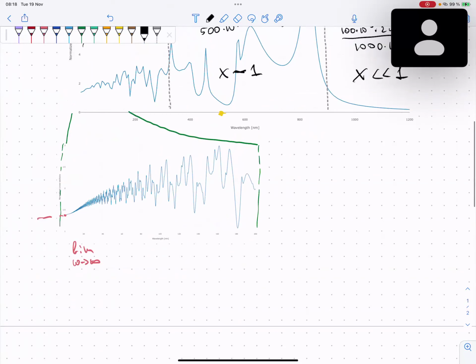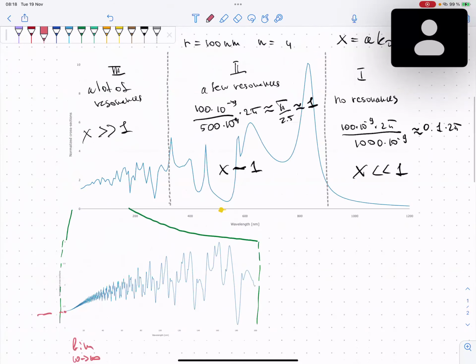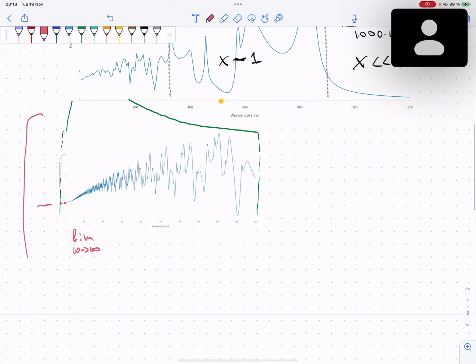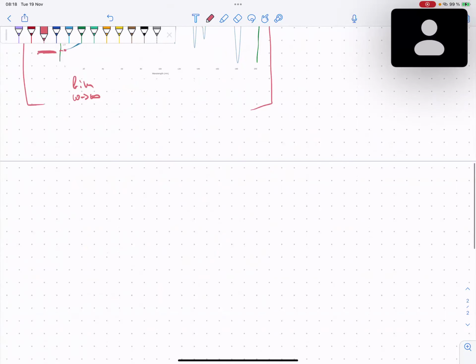And in this case, what is happening, and why we have some limiting value here, is that our sphere is very, very large.